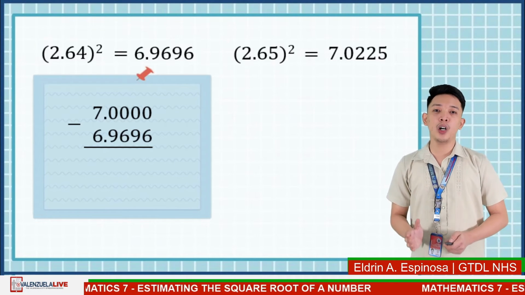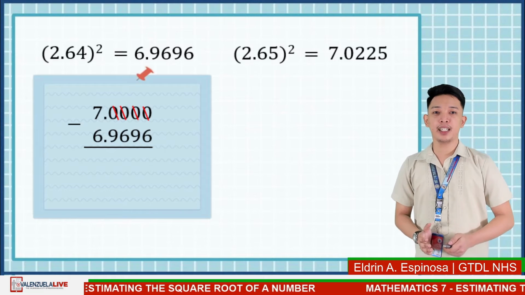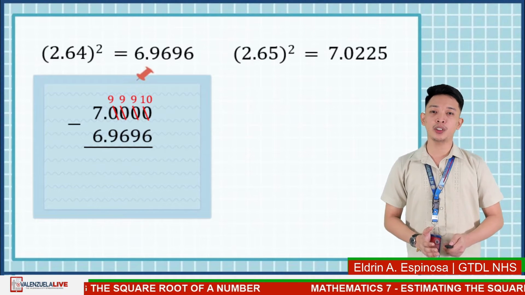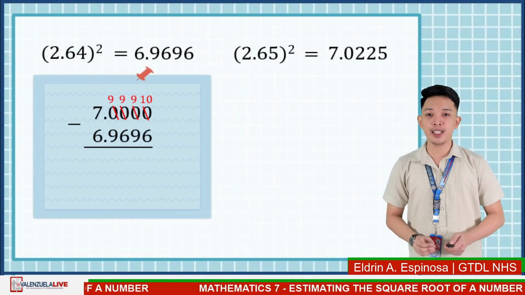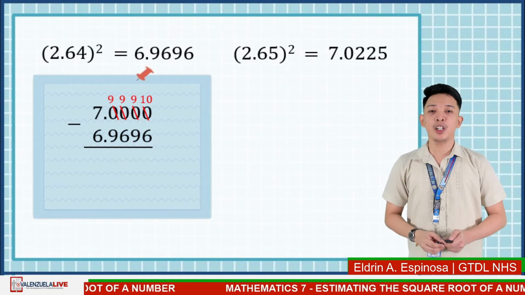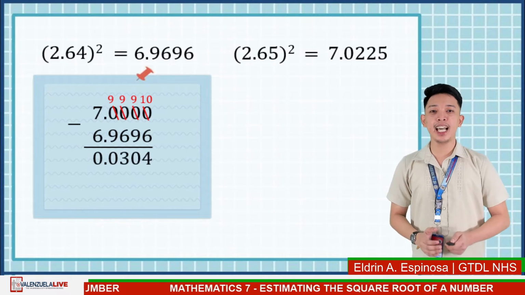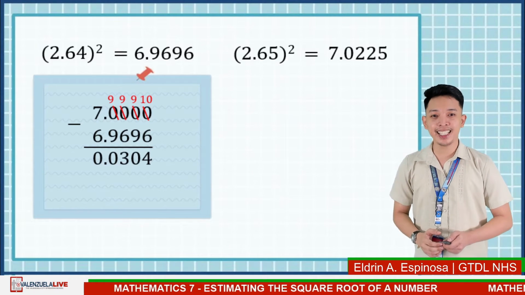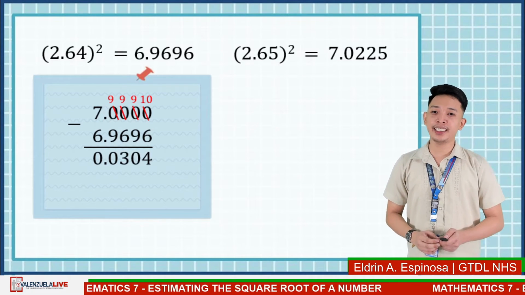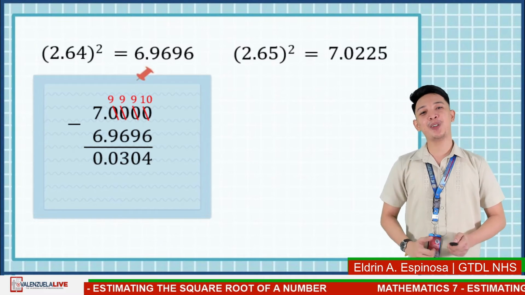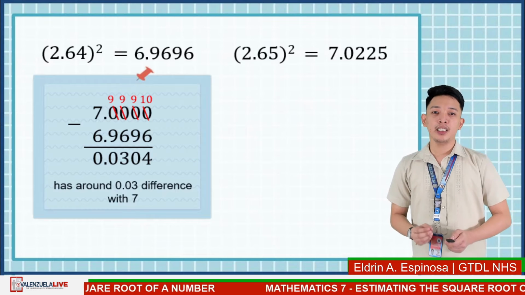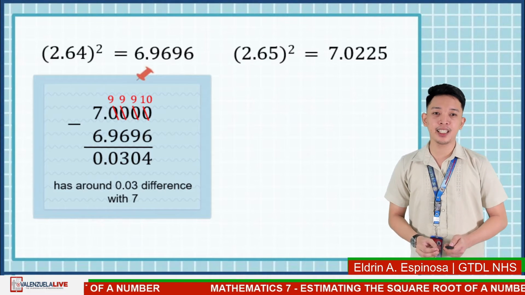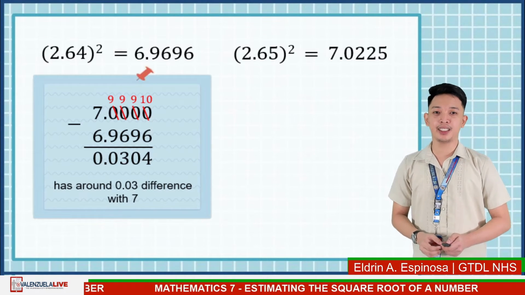We're going to borrow 1 from 7, then the rest of the zeros will become 9, except the last 0, it will become 10. So we have 300 for 10,000. Did you get the same answer? All right. This one has around 300 difference with 7.